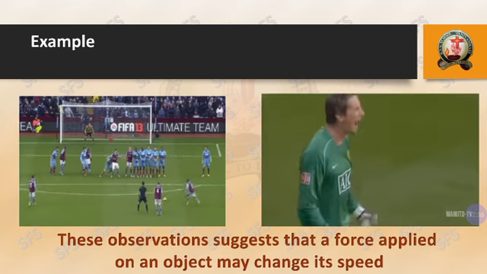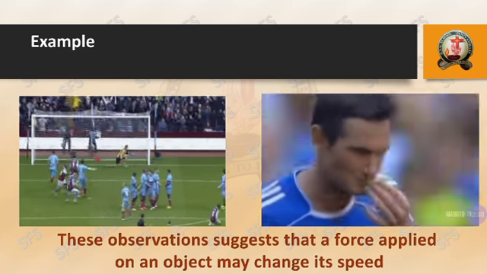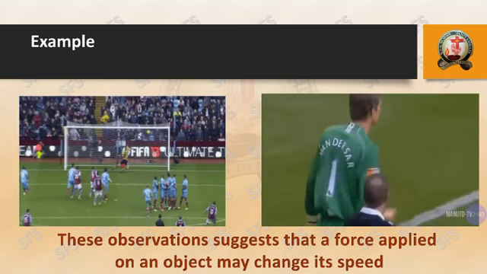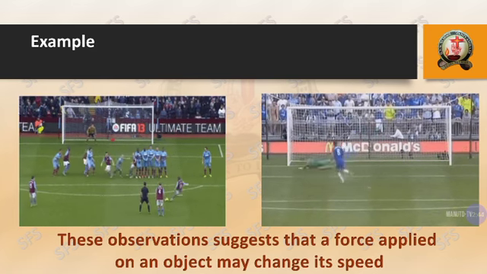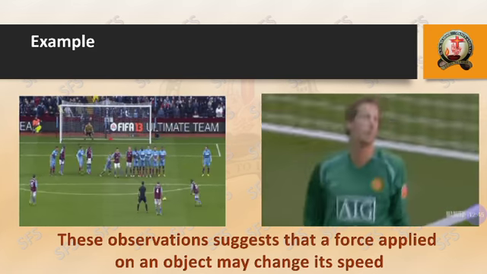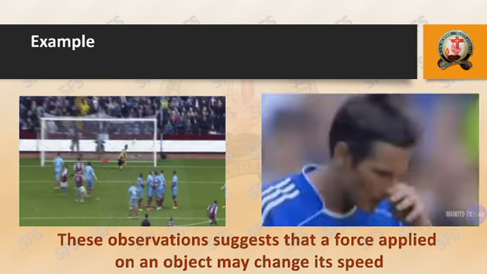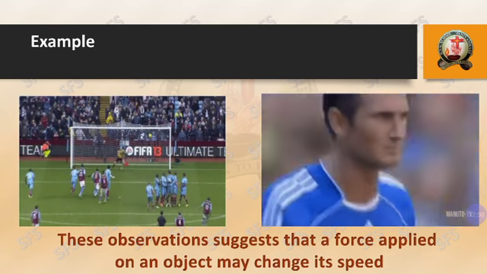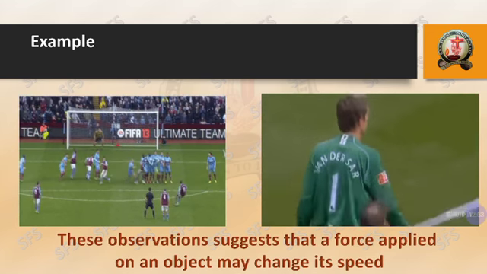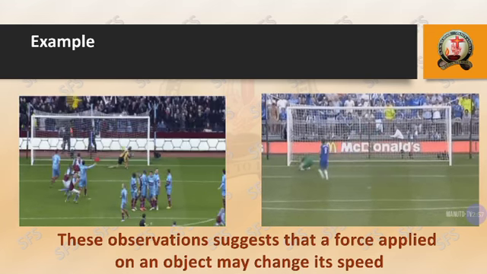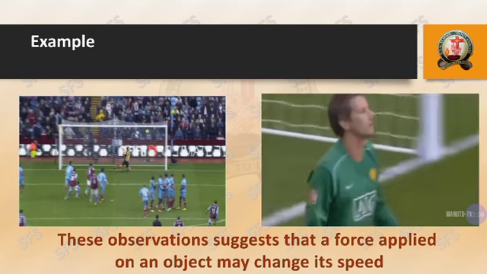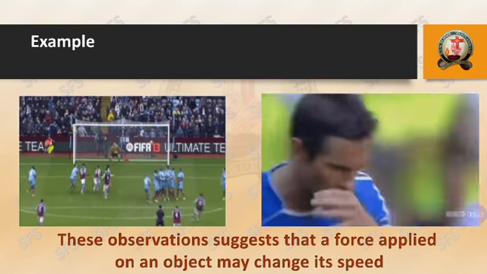Even when you do cycling, when you pedal fast by applying more force, it will keep on moving. But if some hindrance comes, like a stone or somebody in front of you while you are driving, you will immediately apply the brake. At that time the object will stop moving, it will come to rest.